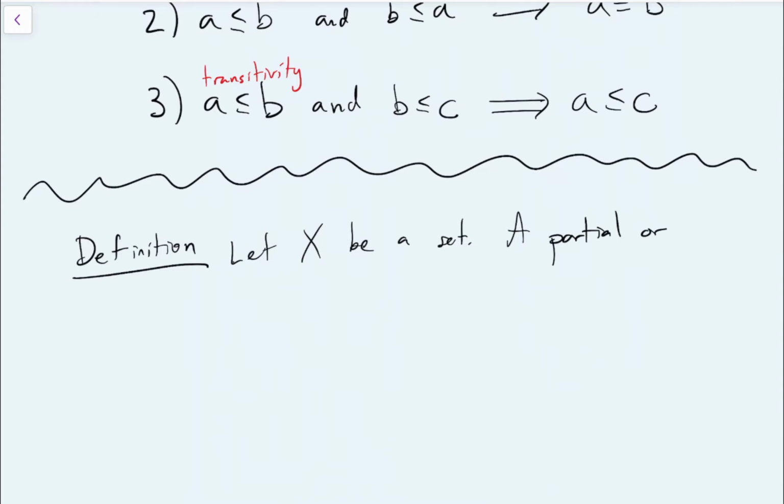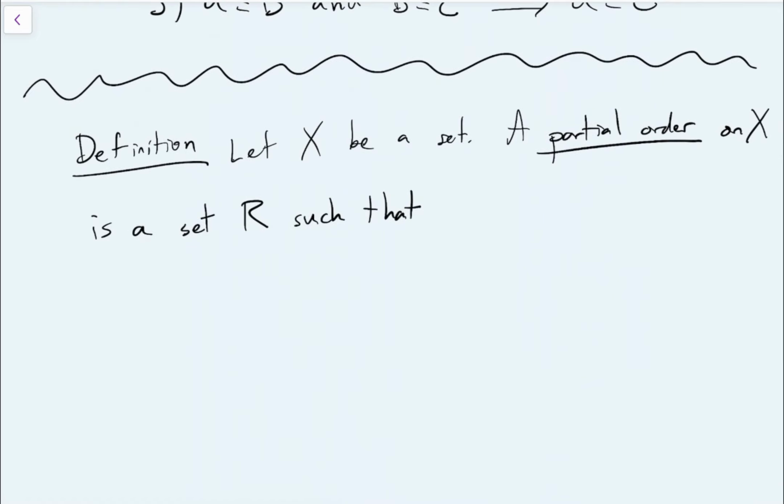A partial order on X is a set R such that R is a subset of A Cartesian product A, and three axioms hold. These are going to be our ordering axioms.